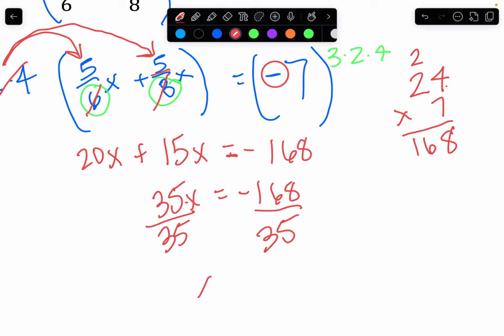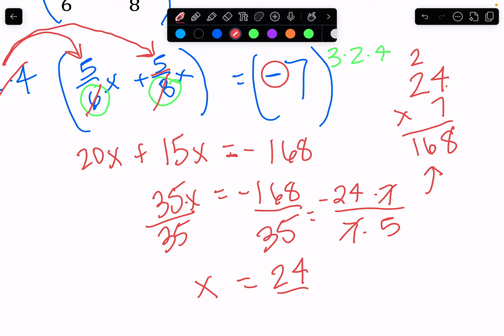Now, I know that 24 times 7 is 168 because, look, I just did this up here. I also know that 7 times 5 is 35. Watch this. Boop, boop. Negative 24 over 5. That's a much better answer, right?